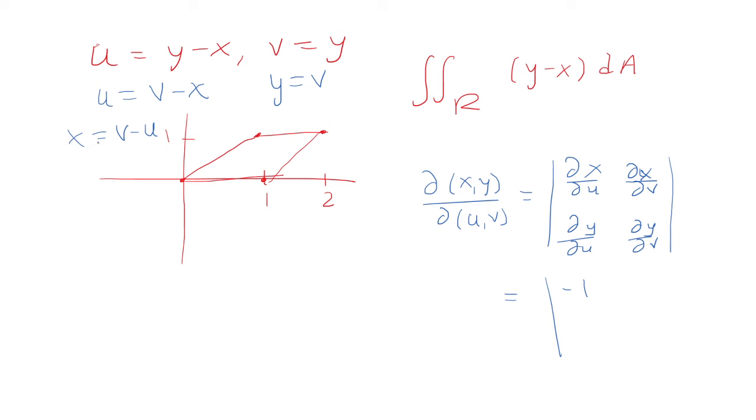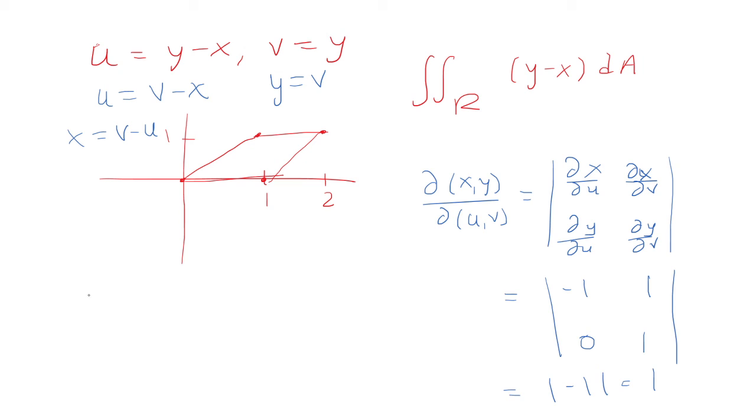And then take the derivative with respect to v here, which will be 1. Now partial of y with respect to u, well, there is no u here, that's 0. And partial of y with respect to v is just 1. So once you take the determinant, you want to take the absolute value. So the determinant is going to be -1, and when you take the absolute value of -1, you just get 1.